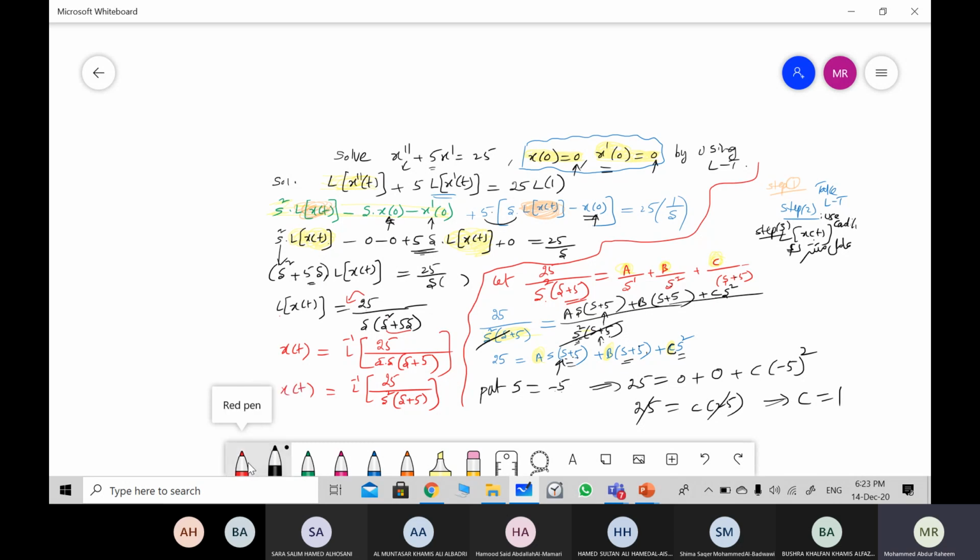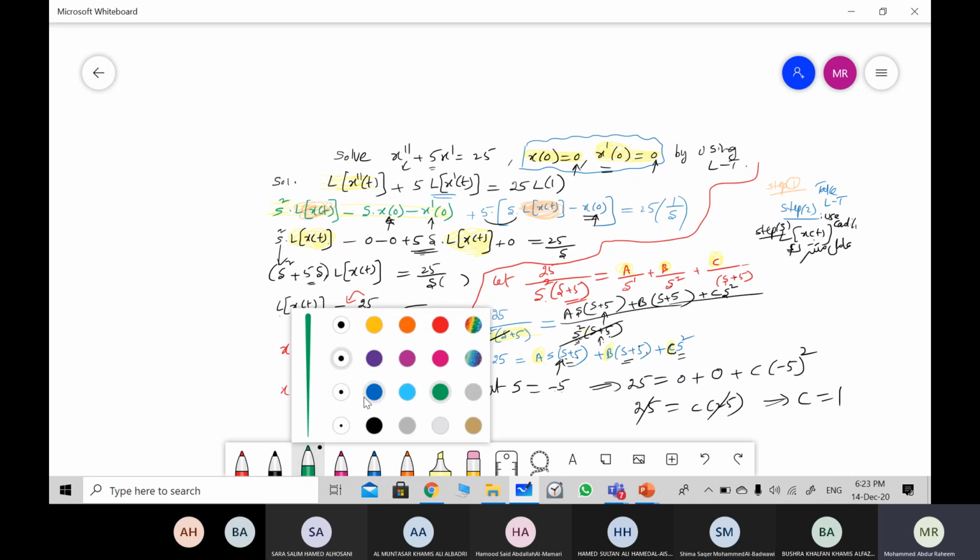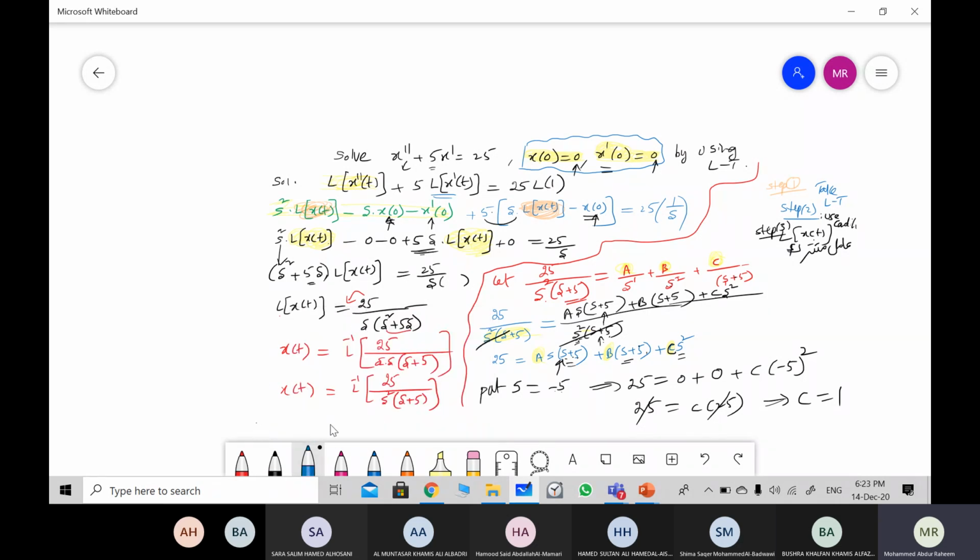No question? You got it? Next. Put s is 0. Now again I want to make some 0. To make 0, s equals 0. If I write s equals 0, this 0 and also this 0, then I can get B. Put s equals 0.